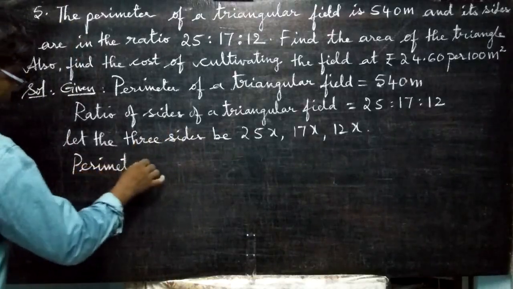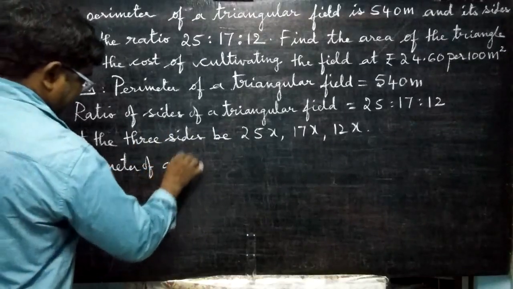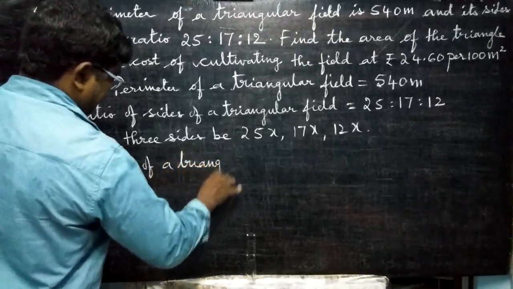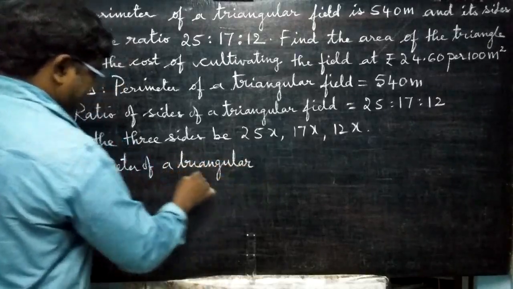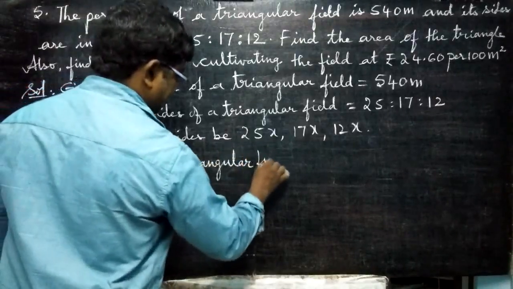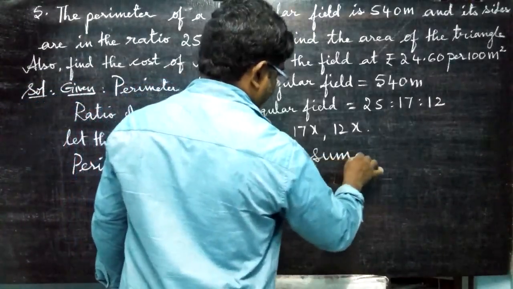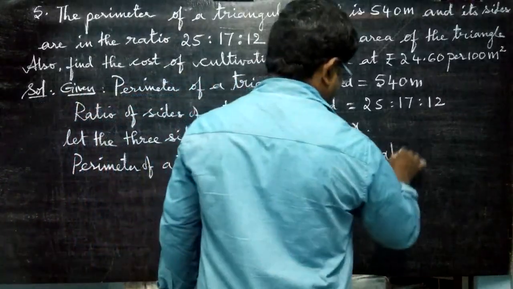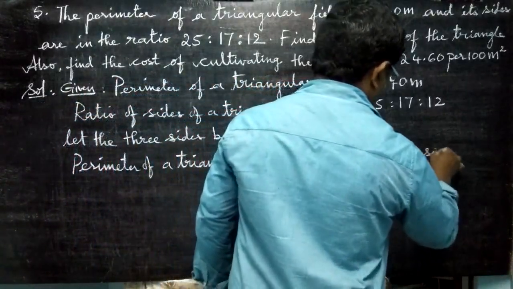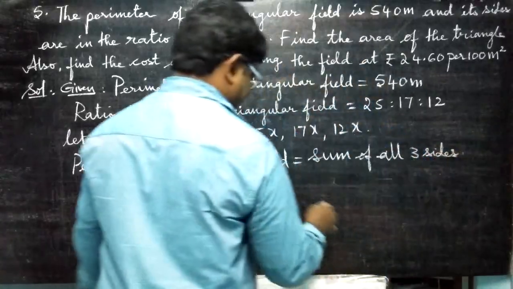Perimeter of the triangular field is equal to the sum of all three sides.